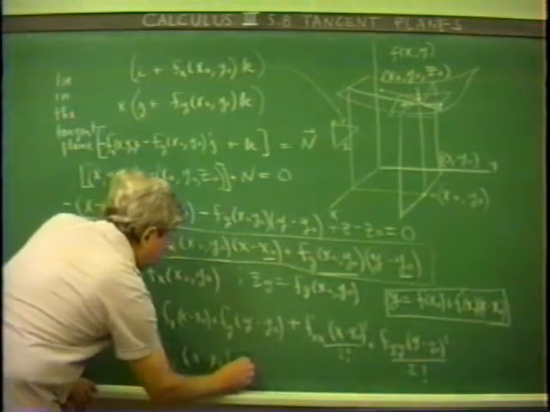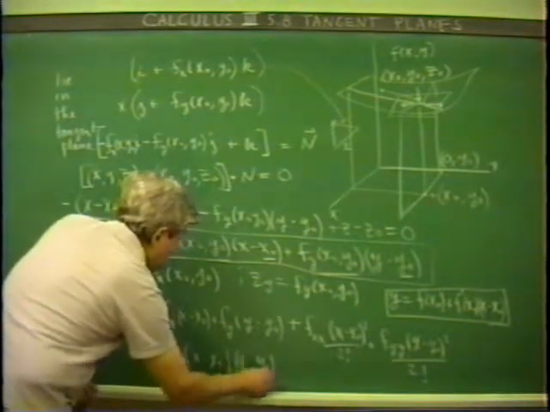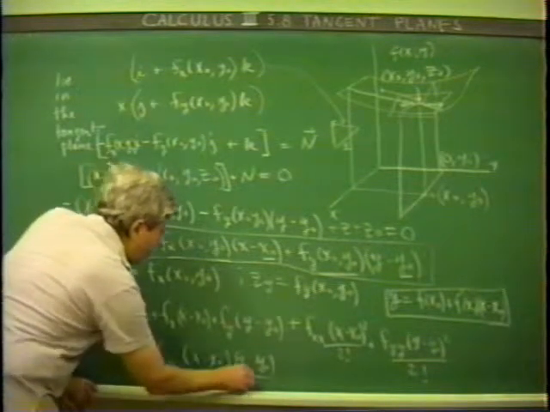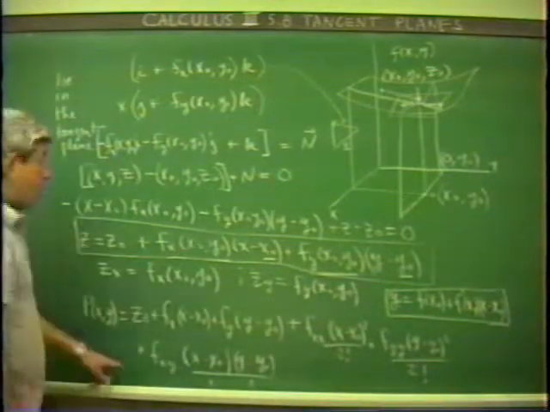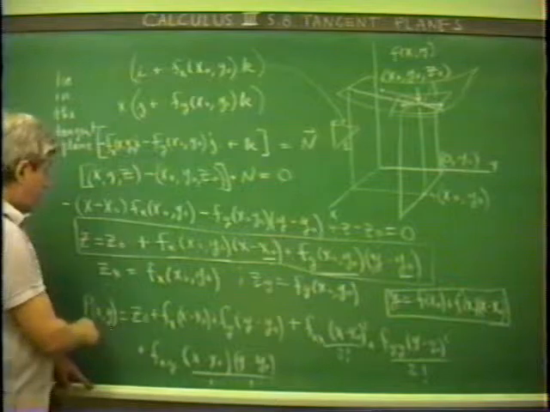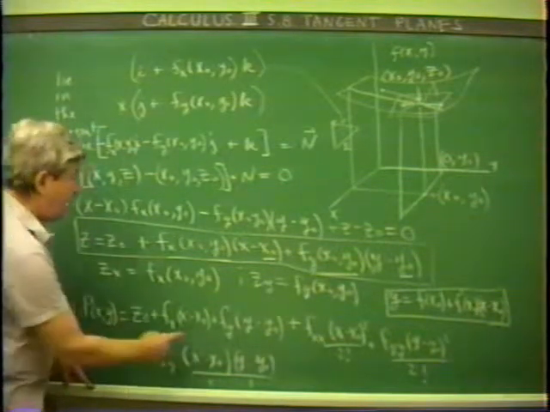Plus the partial with respect to x and then with respect to y times x minus x naught times y minus y naught, over 1 factorial times 1 factorial.